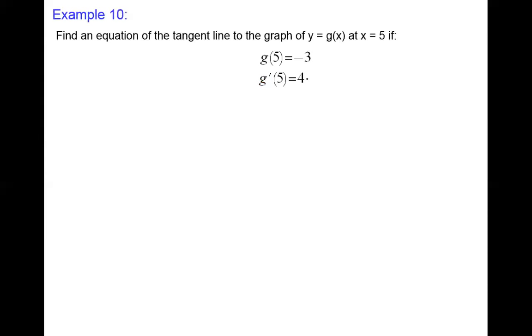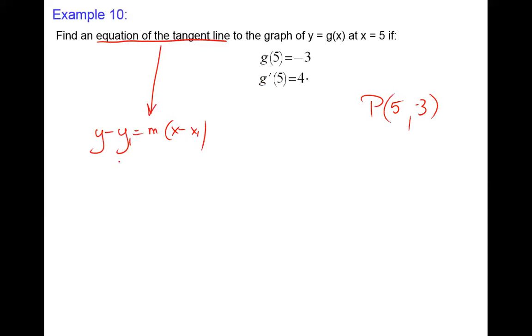That means how can we start the equation of the tangent line? As you probably notice, I always start with the point-slope form. Who can tell me what is the point P? It's actually (5, -3). Really good. That means I can put -3 and I can put 5.